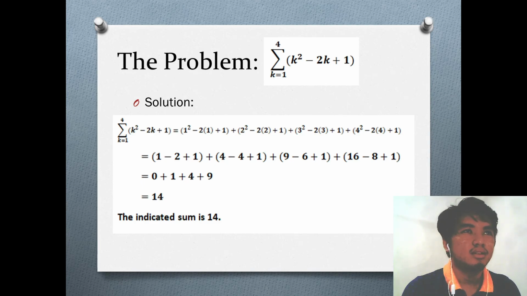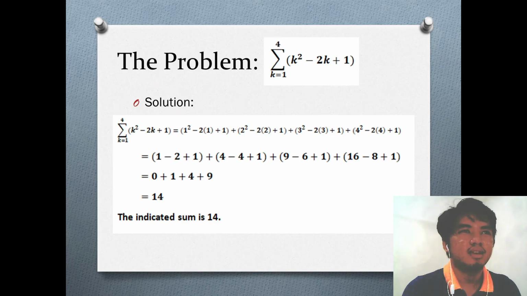So negative 2 times 1 is negative 2, copy the positive 1. So negative 2 times 2 is negative 4, then down plus 1. And negative 2 times 3 is negative 6, bring down plus 1, and negative 2 times 4 is negative 8, bring down plus 1.